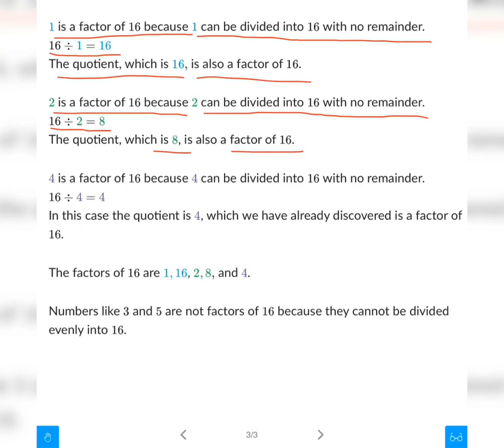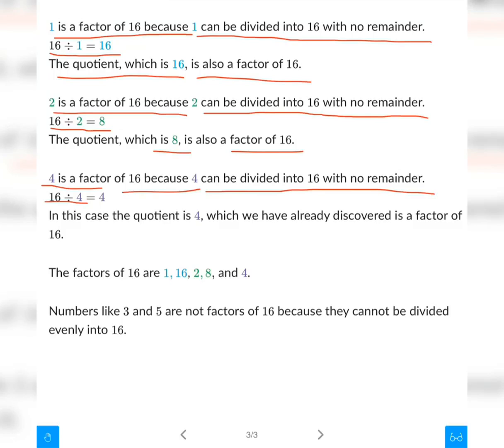Now if I divide the number by 4, so 4 is a factor of 16 because 4 can be divided into 16 with no remainder. So 16 divided by 4, you will get the answer 4 because 4 fours are 16. So that is how this quotient 4 is also a factor of 16. Now 16 itself is also a factor of 16 because 16 ones are 16.